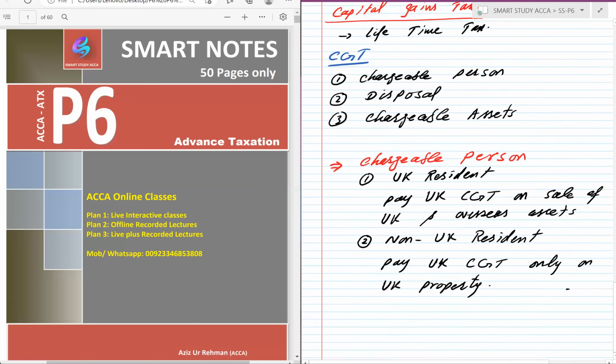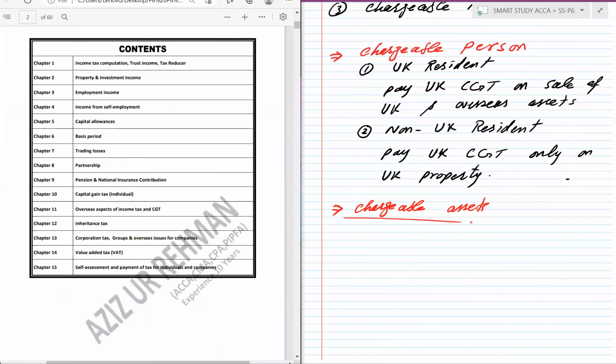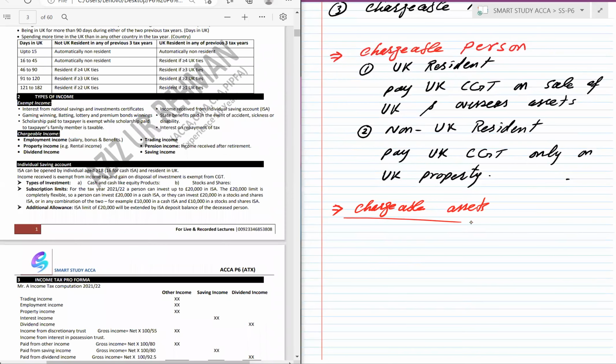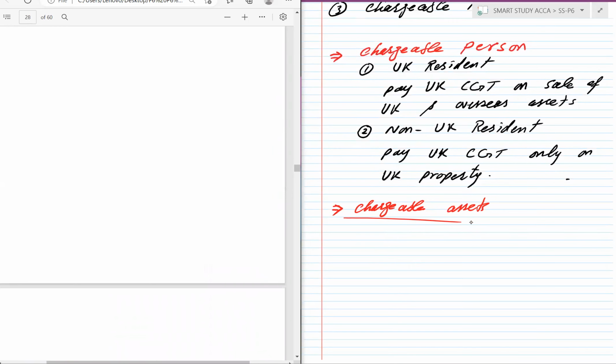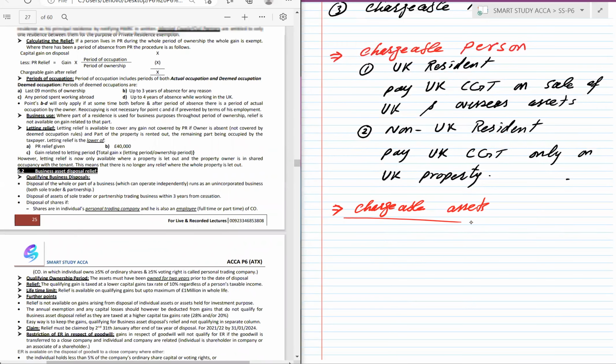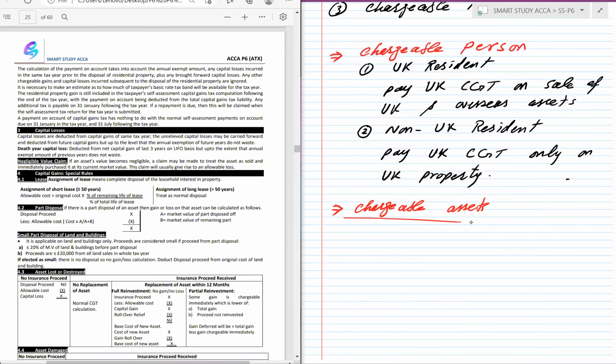Second term is chargeable asset. Students, there is a list of assets mentioned by the tax law which are exempt.